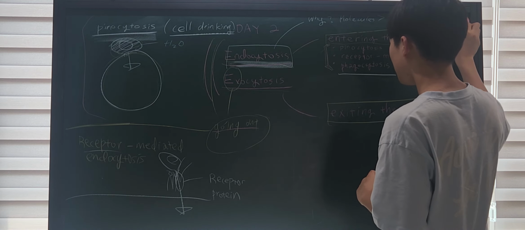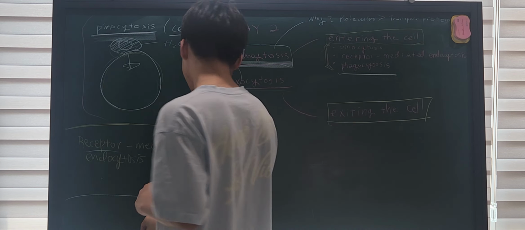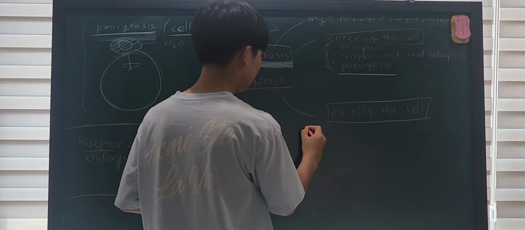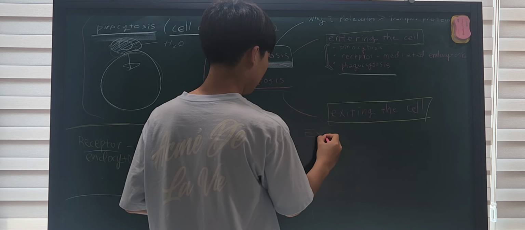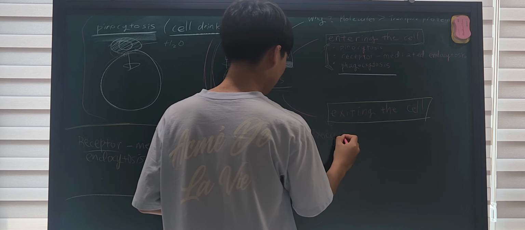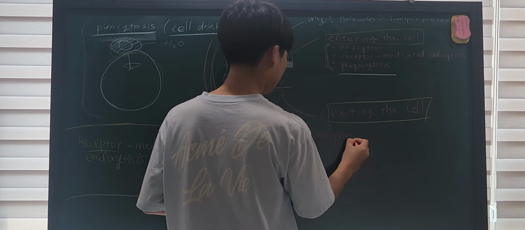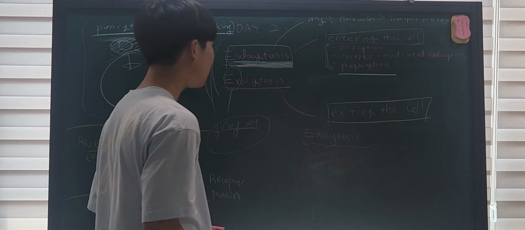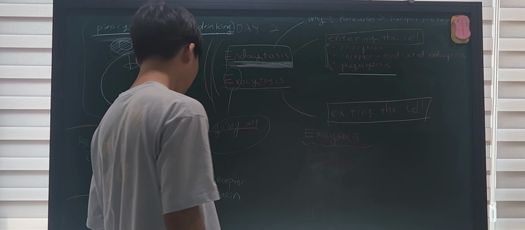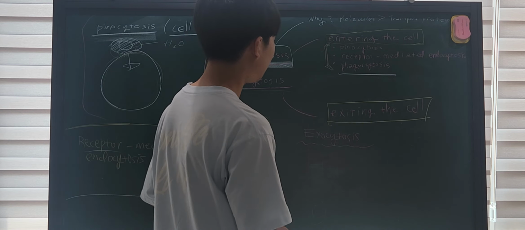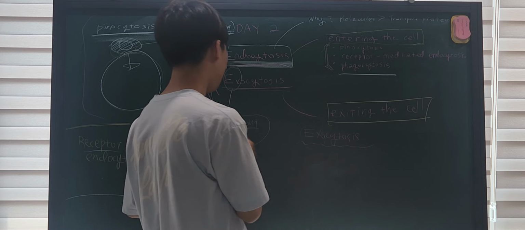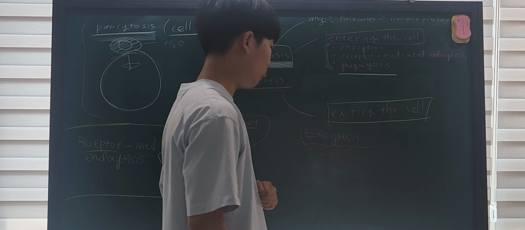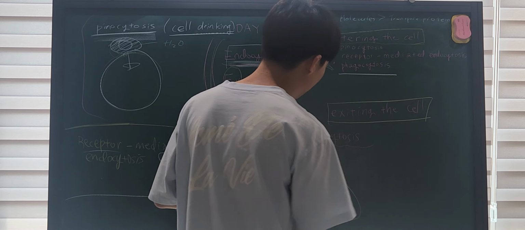Next up is exocytosis. This is really simple. More simple than endocytosis. Exocytosis, as you can see from here, means the molecules are going out of the cell. And how does the cell make it?